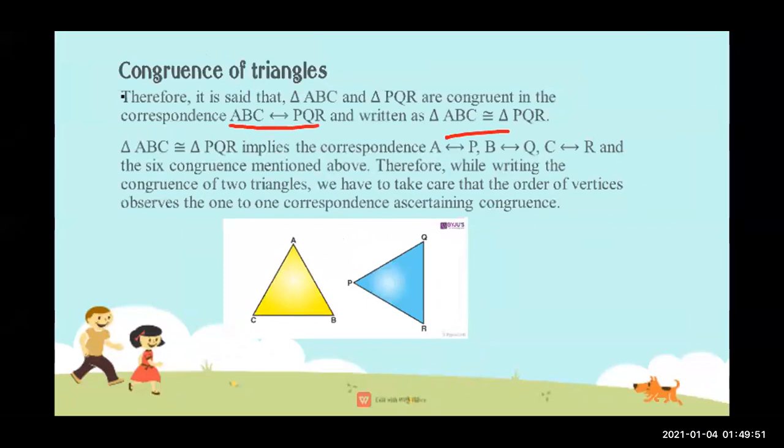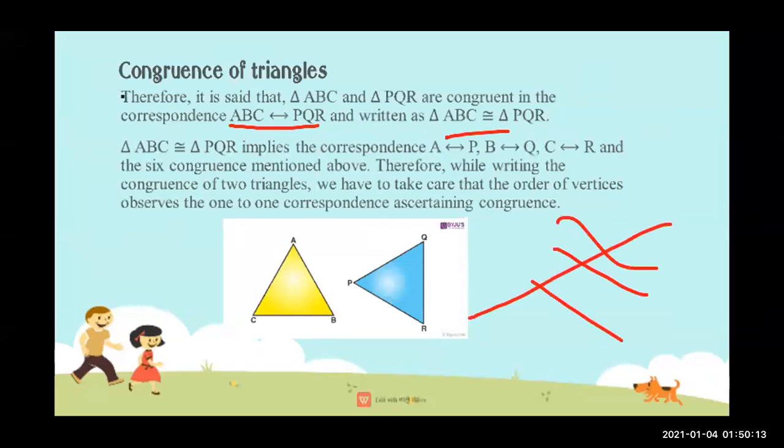If it is congruent, that means ABC corresponds to PQR, and it is written as triangle ABC is congruent to triangle PQR. And if it is not congruent, we have to use the symbol of not congruent.